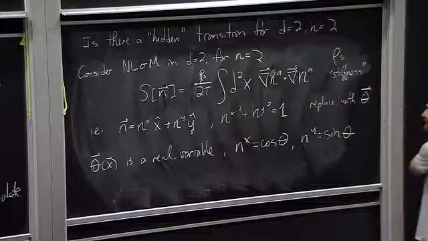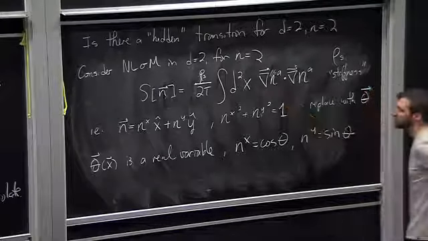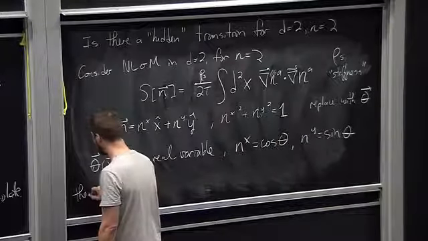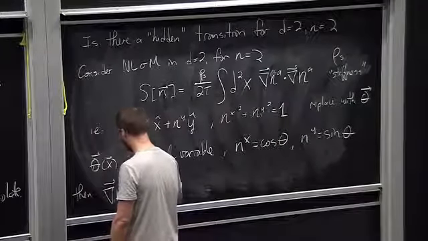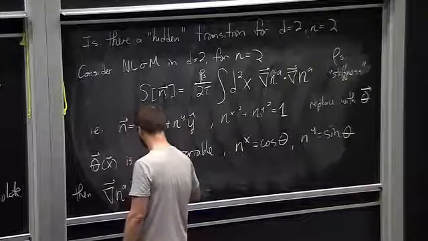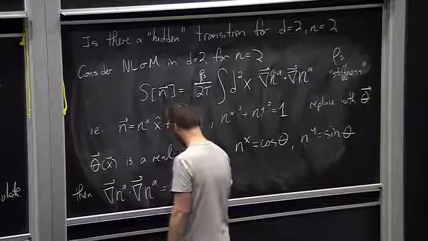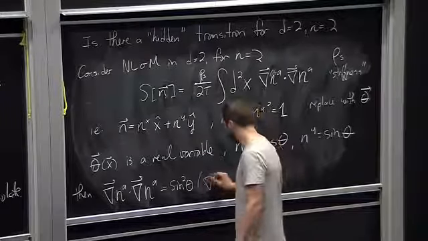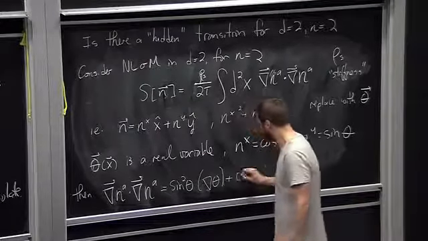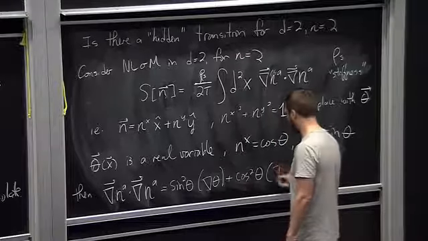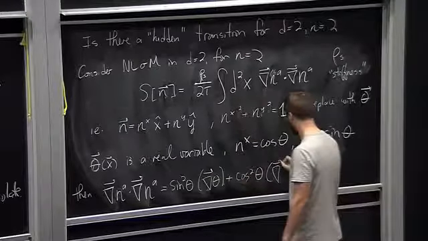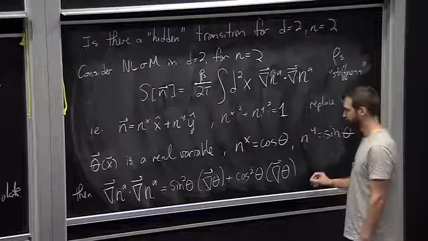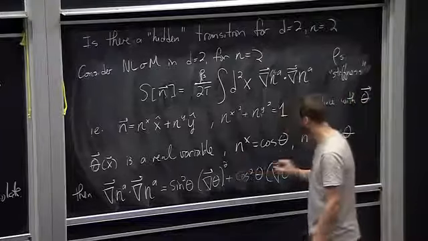And then this term, which has 2 components, something like sine squared theta, then by chain rule, cos squared theta, squared.